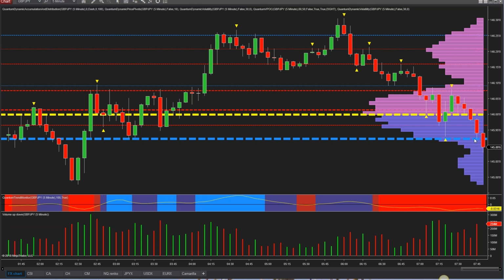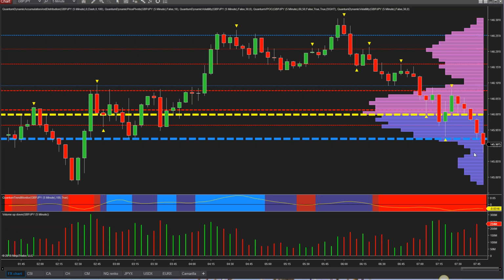In addition to that, providing this candle does close a decent way below, we would expect to see associated and confirming volume beneath that, but we have to wait to the close. I've actually got the volume here updating on close rather than in real time, just because I've got so much data coming in at the moment.